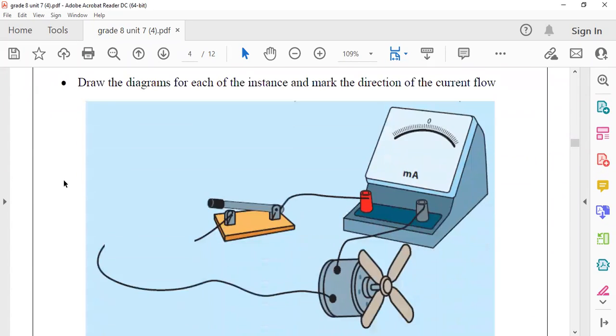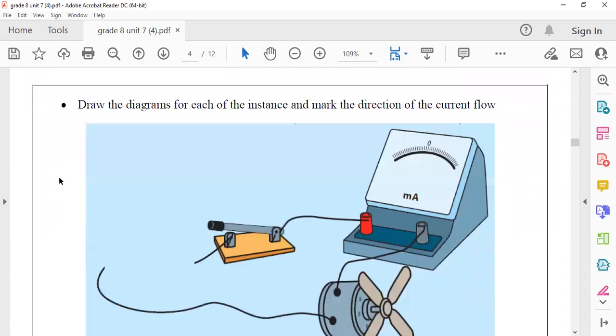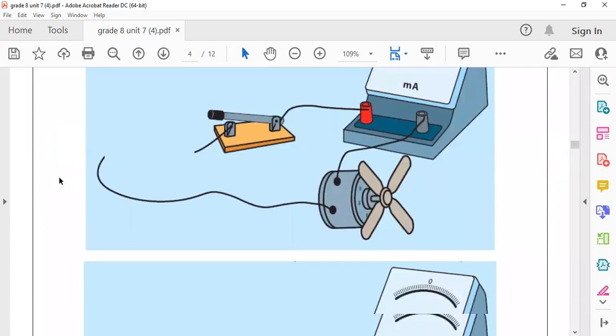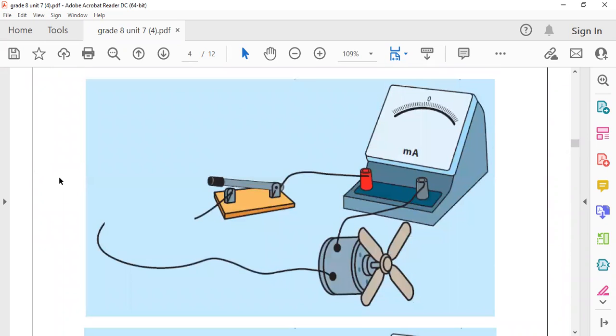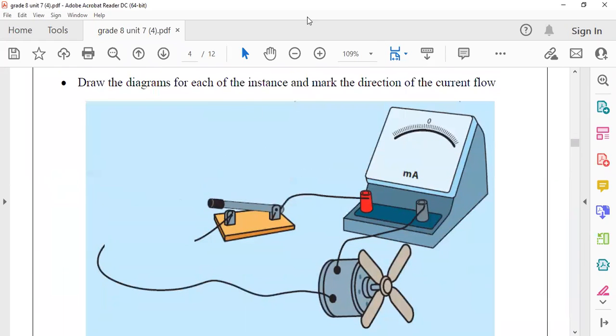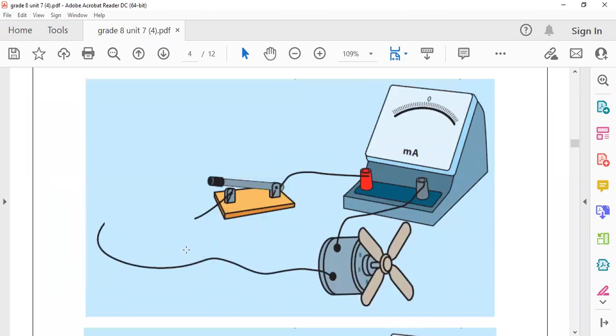My first question here is, draw a diagram. Now, what is the portion I have missed here? I have taken this diagram and edited it. Can you see? Yes, sir.